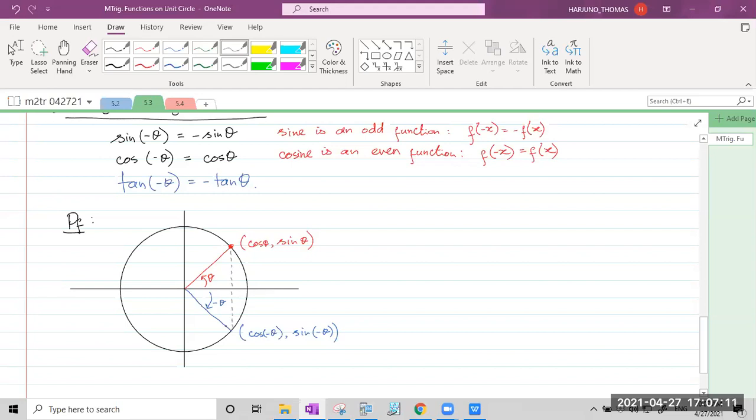From that picture, you see that the x component must be the same. So cosine theta equals cosine negative theta. Okay, so we already actually proved this second one here.